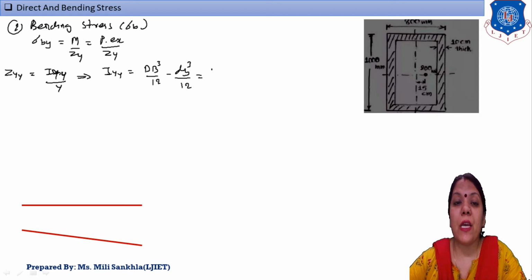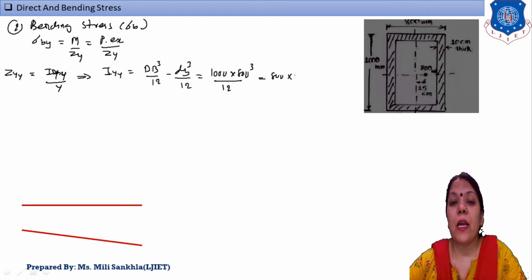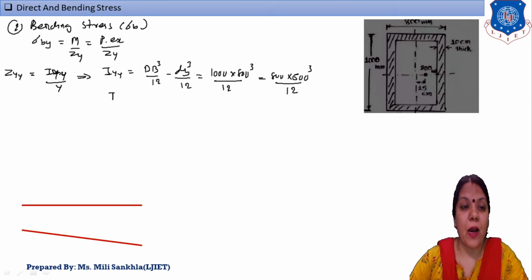D is equal to 1000, B is equal to 800, cube by 12, minus small d is equal to 800 and small b is equal to 600, cube by 12, and my Iyy is equal to 2.82 into 10 raised to 10 mm raised to 4.